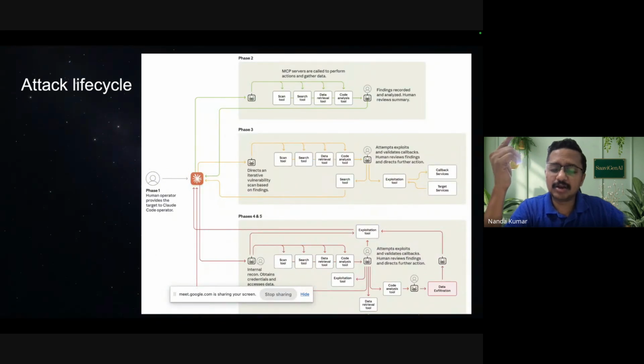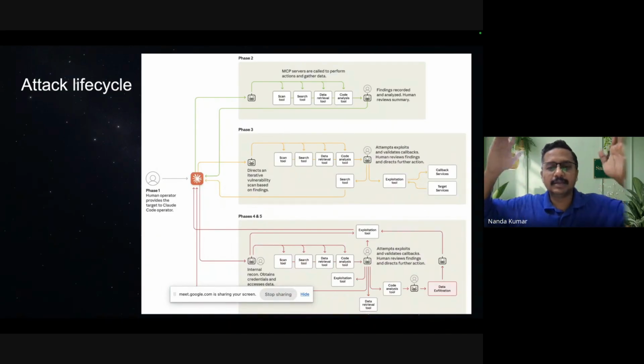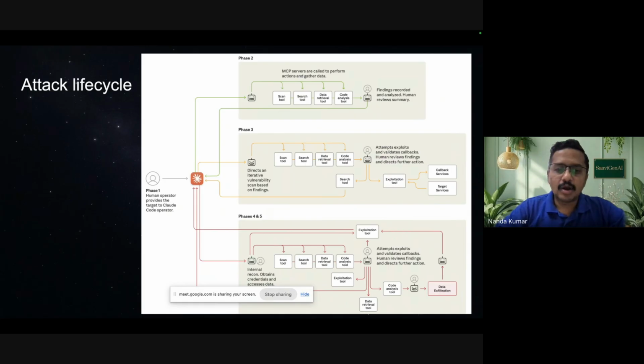Once you escalate your privilege, next you have to move laterally. So do a ping sweep, identify other systems, and start infecting the other systems. And once other systems get infected, then you have to do the encryption. All these are multiple stages, right? The same thing is happening here. The hacker has come, and in the first stage he's writing a prompt to Claude.